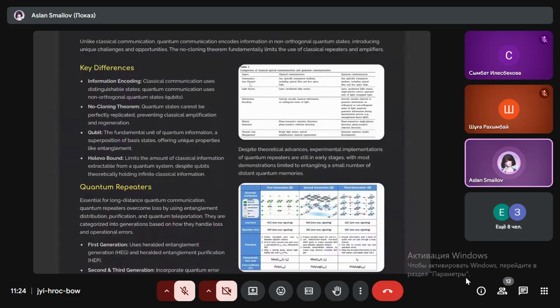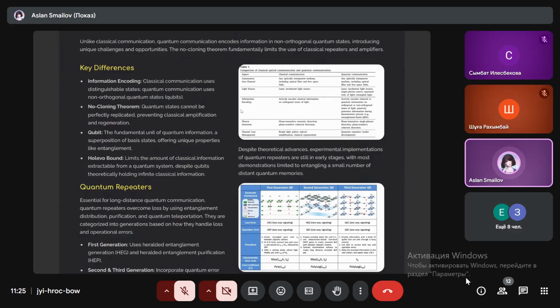For the communication channels. For the light source, in classical communication we have only laser and infrared light sources. And for quantum communication, we have both of them, like laser and incoherent light source, and also we have single photon source, squeezed state of light, and entangled light.